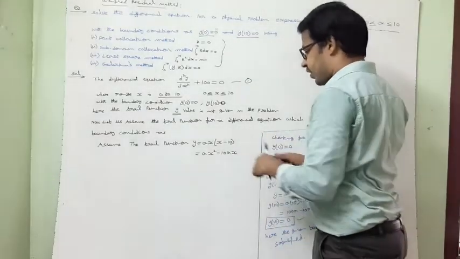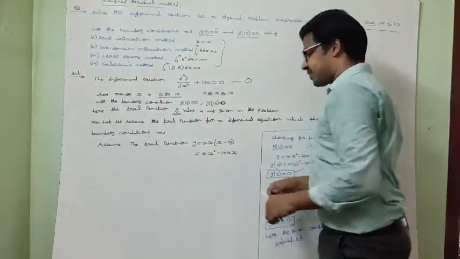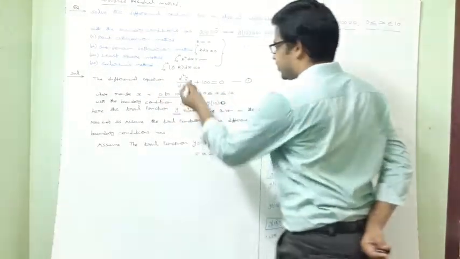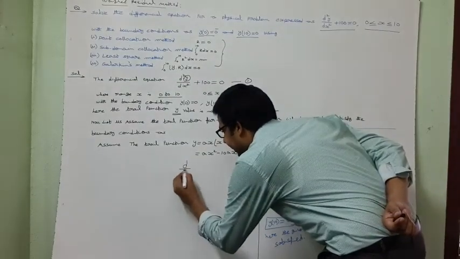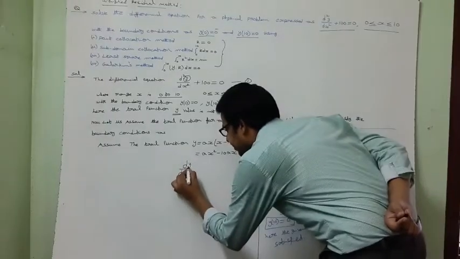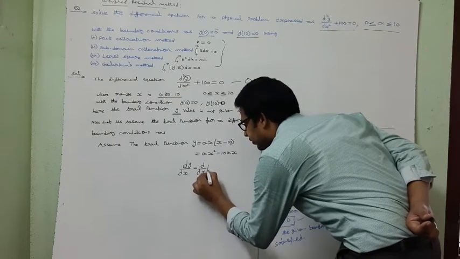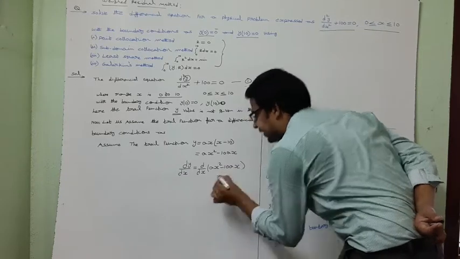So what is the y value? Y equal to ax square minus 10ax. From the differential equation, d by dx of y is equal to d by dx of ax square minus 10ax.